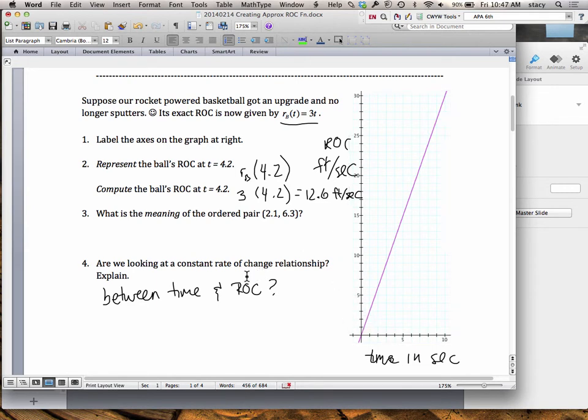Okay. So between time and rate of change, there is a constant rate of change relationship, right? Because for any change in time value, the corresponding change in rate of change is 3 times that.